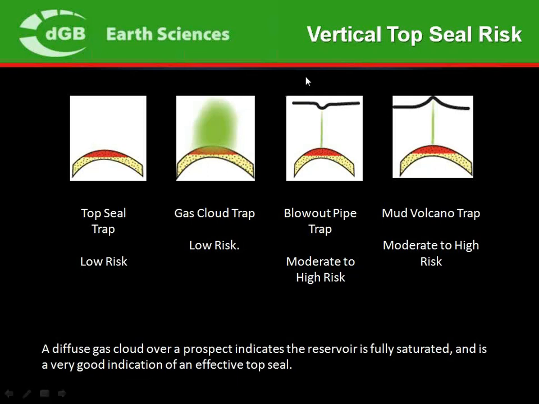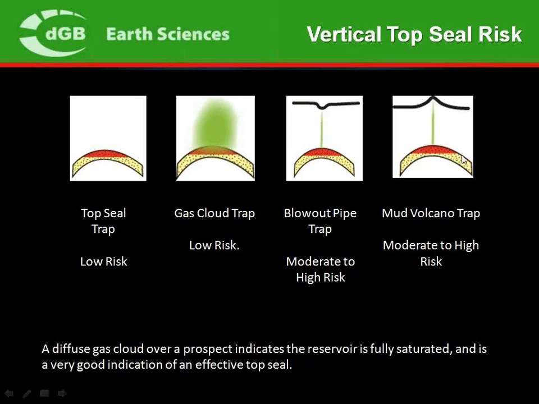Work that has been done by Rohr Heglund and others at Statoil shows that there is a distinct difference in risk between gas cloud traps, more diffuse zones of leakage, versus point source traps related to either blowout pipes or mud volcanoes.